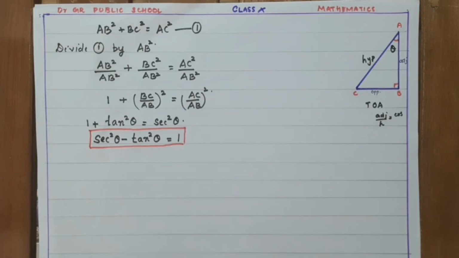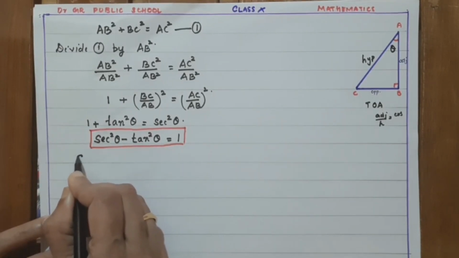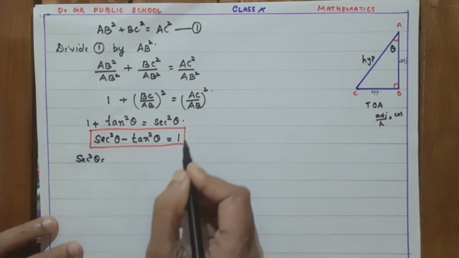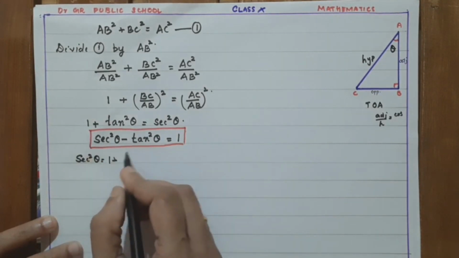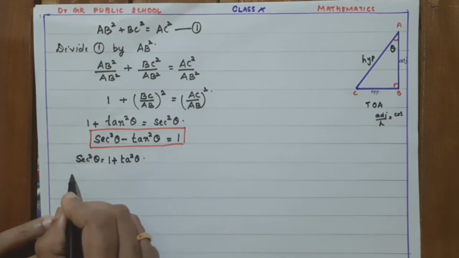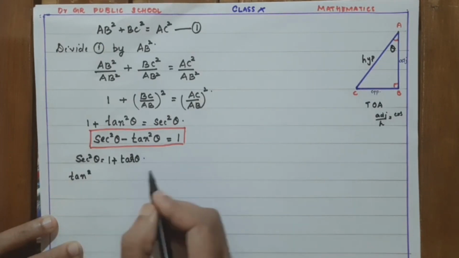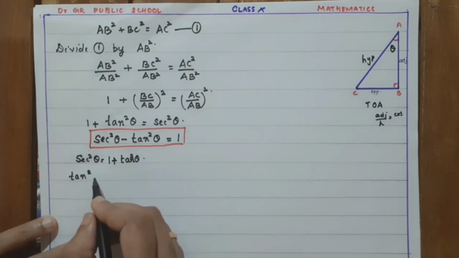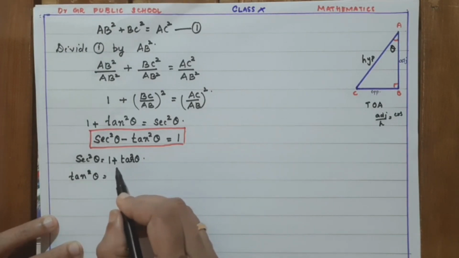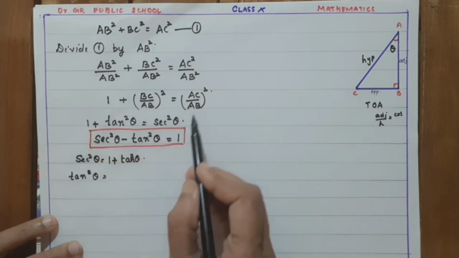Okay, children. Now from this also we can have two more equations. From here, what is sec square theta? Sec square theta equal to 1 plus tan square theta. And what is tan square theta? Tan square theta is equal to sec square theta minus 1.